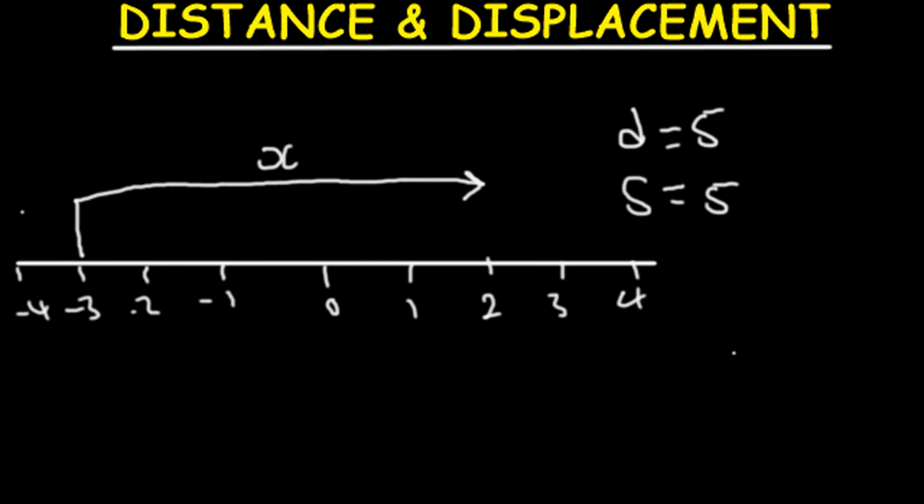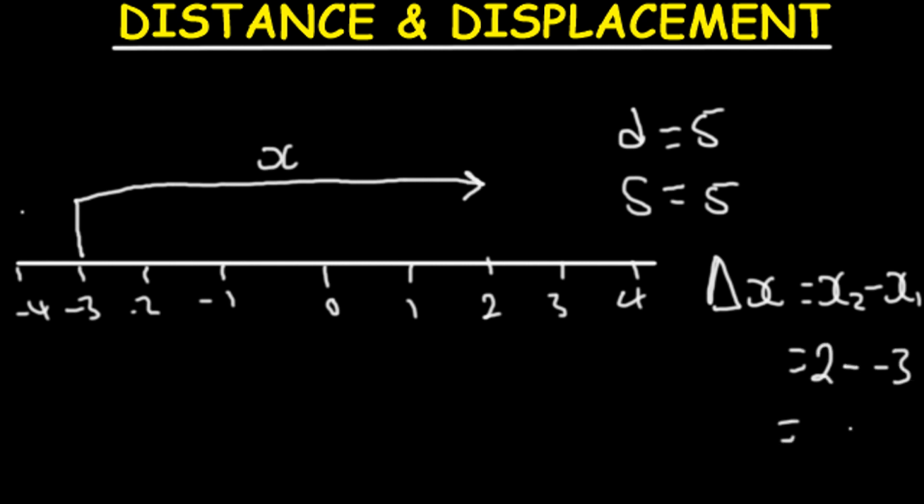Using the formula, the displacement is equal to change in x, x2 minus x1. The body stopped at 2 and started from -3. Therefore, the change in x, which is displacement, will be equal to 2 minus -3, and 2 minus -3 is equal to 5, which makes it the same.